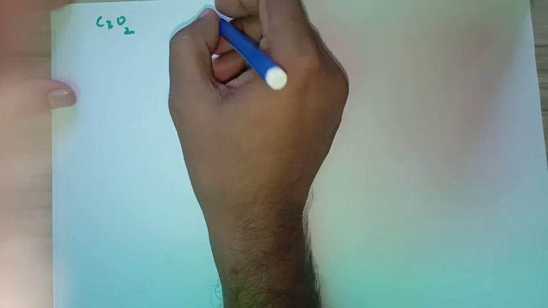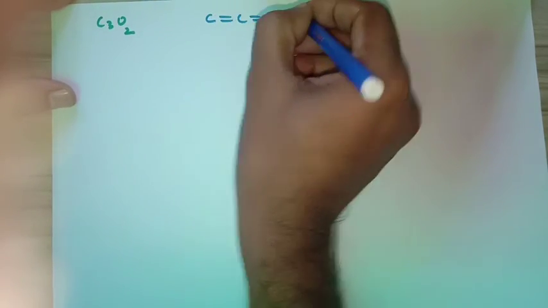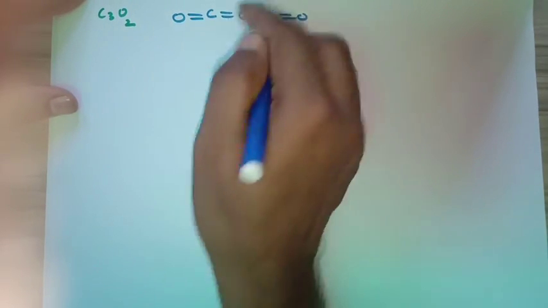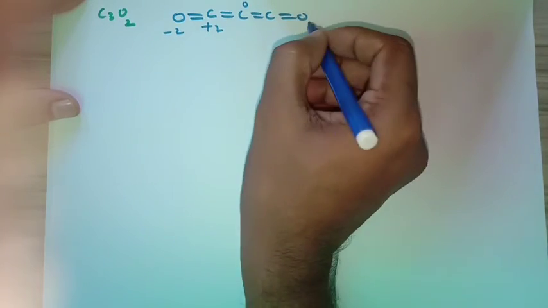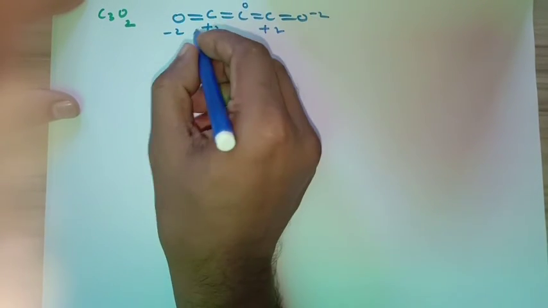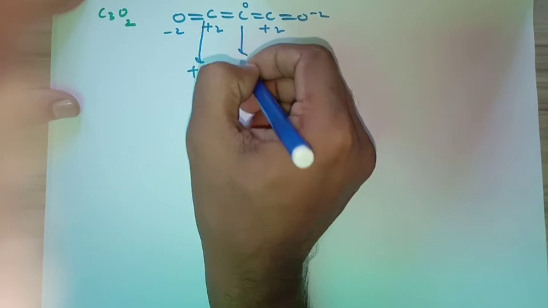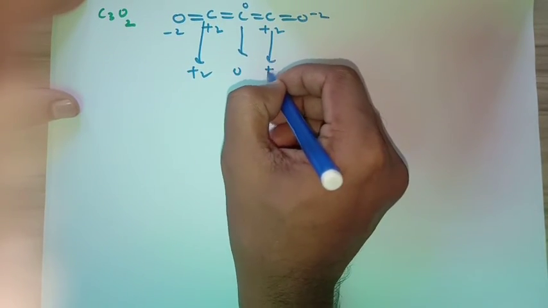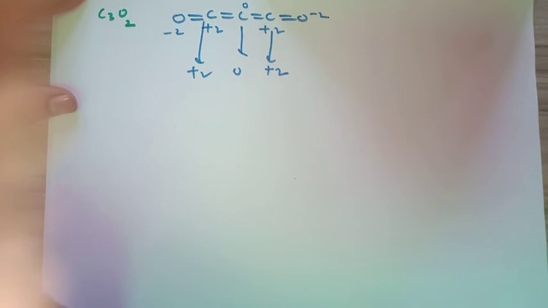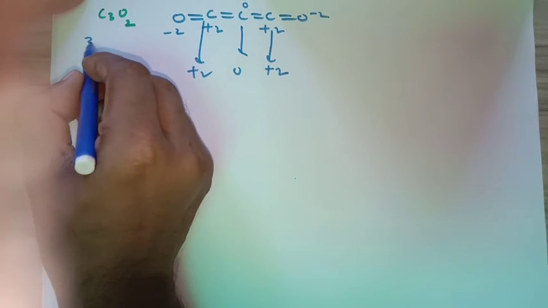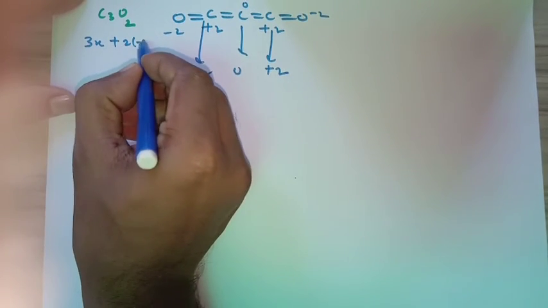And next question is C3O2, और इसमें सारे डबल बॉन्डेड होते हैं। पहले लगातार 3 कार्बन आएंगे, फिर उन पर डबल बॉन्ड इंक्लूड होंगे। यहाँ कोई डिफरेंस होगा नहीं, तो इस पर ऑक्सीडेशन नंबर 0 होगा। इस पर -2 है तो इस कार्बन पे +2 होगा, इस पे -2 है तो इस कार्बन पे +2 होगा। अगर कन्वेंशनल मेथड से देखें, this will be 3x plus 2 minus 2 is equals to 0.